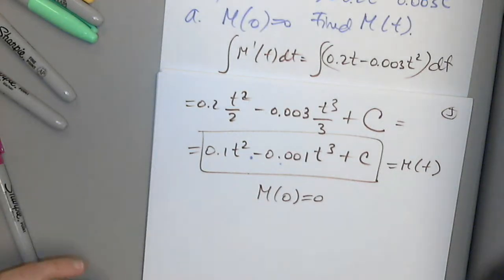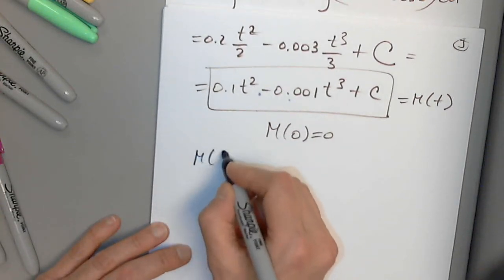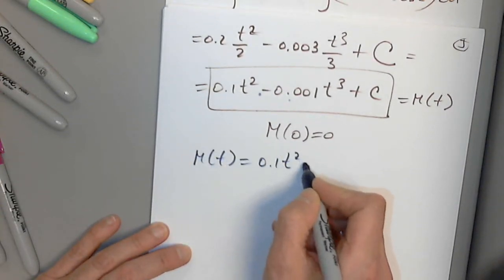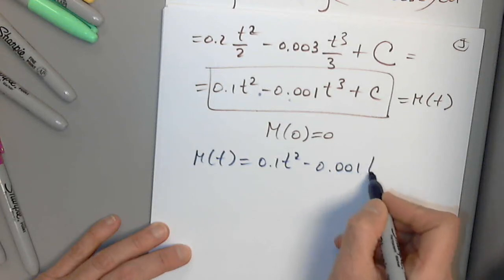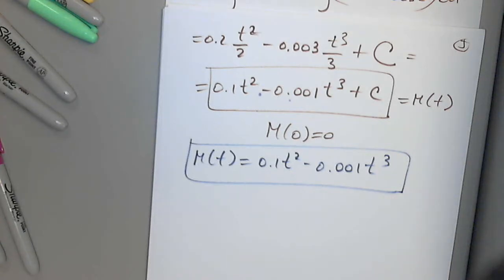Do you agree with 0? Yes, everyone? Okay, so then m of t is 0.1 t squared minus 0.001 t cubed. So we were able to determine a function that gave the rate of change. And from that rate of change, we were able to integrate indefinitely to determine the function.